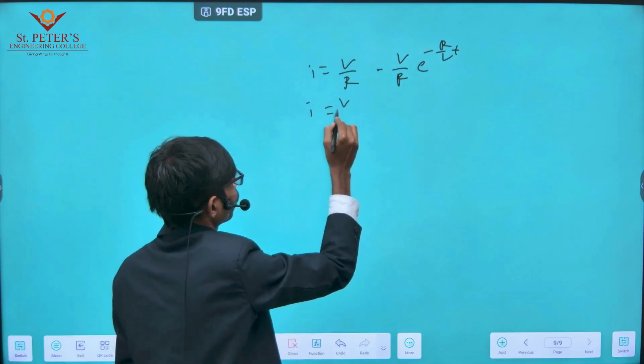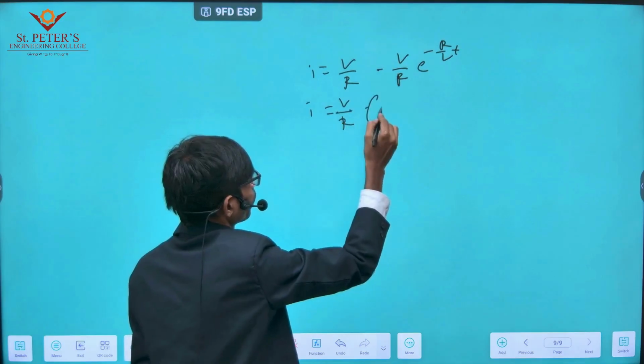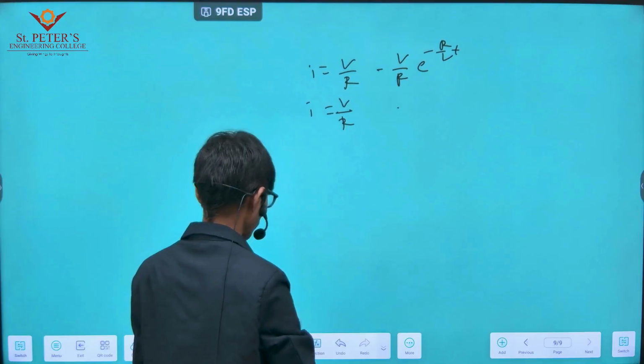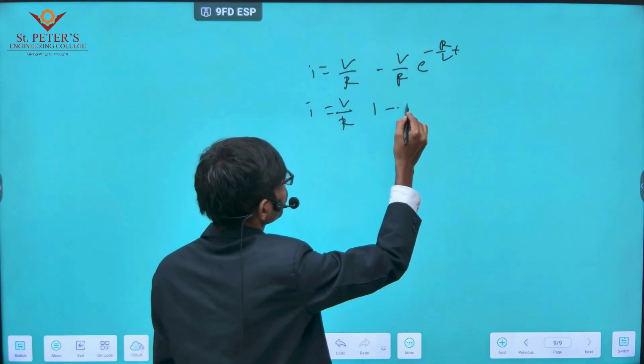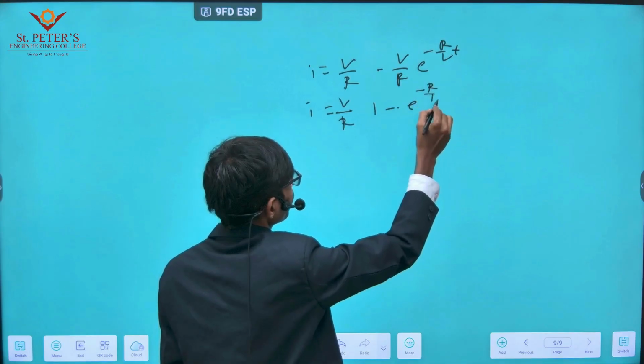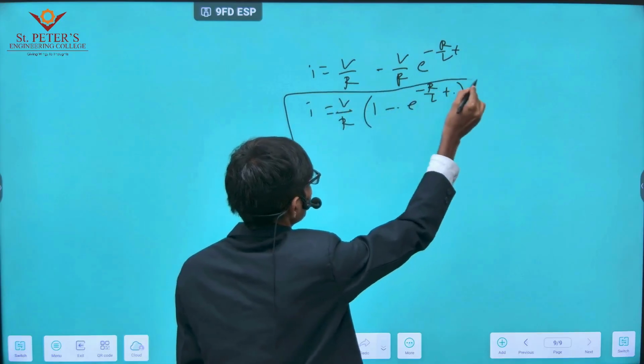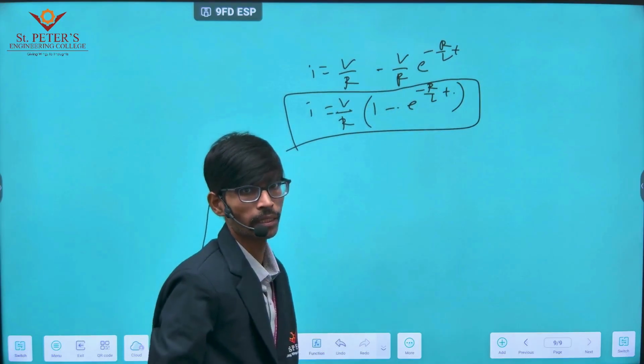If we take V by R common, it is V by R of 1 minus e to the power of minus R by L t. This is the equation for the transient response of the RL series circuit.